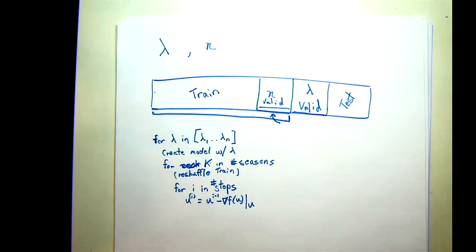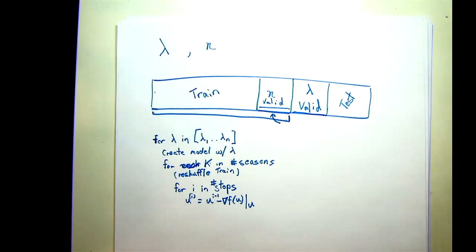If you select a lambda and then figure out your eta, and then you reshuffled, what you don't want to do is give the lambda you chose an advantage because you chose a learning rate based on optimizing that lambda validation set.